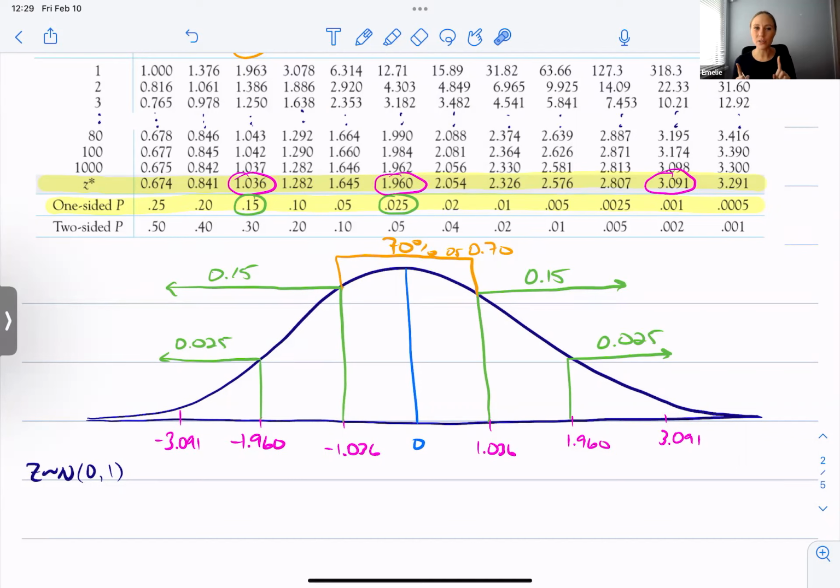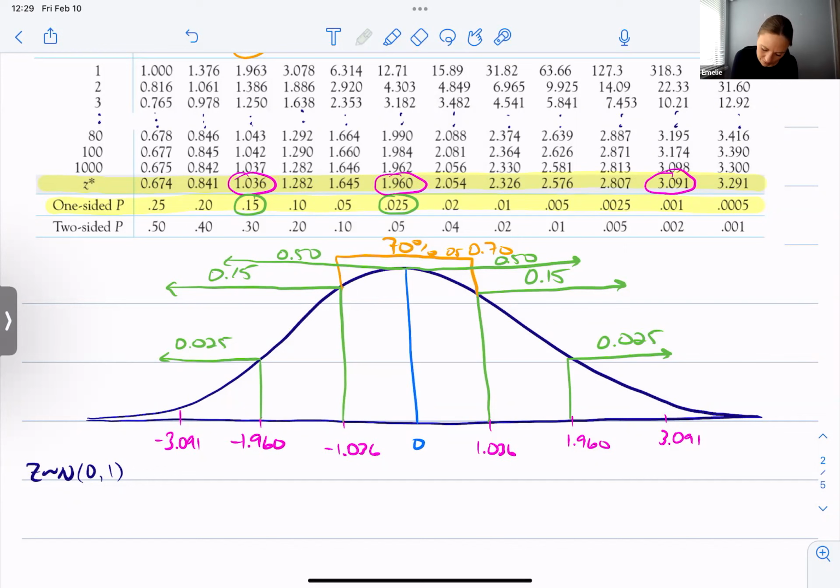Also, something to keep in mind is that this area is 0.5, and this one is also 0.5, right? So it's split in half, and the area below the mean is 0.5 and the area above the mean is 0.5.